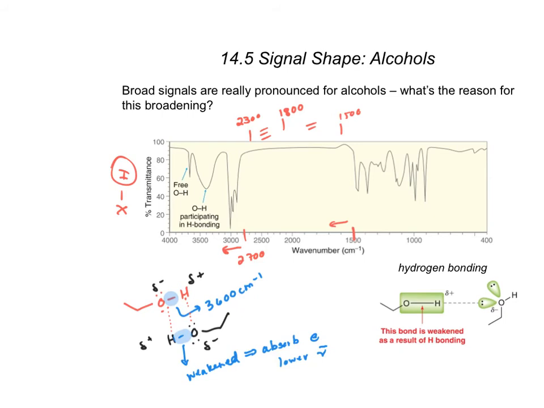So because these guys are this wide distribution of hydrogen bonds, we're going to get this wide distribution of frequencies, and that's what broadens our signal overall, okay? So because the alcohol group can hydrogen bond, that hydrogen bonding is going to result in a broadening of our signal, and so that's essentially why we would get a broad signal.